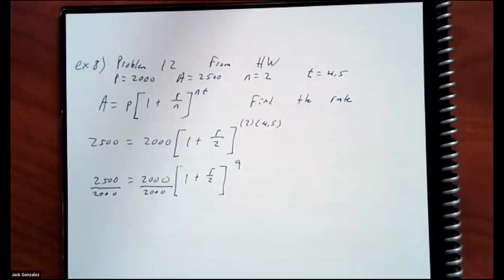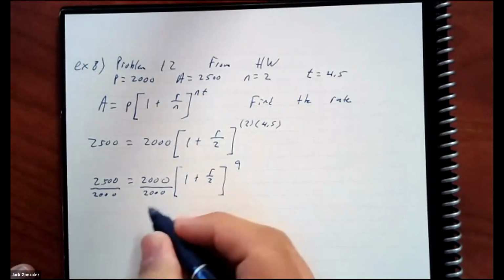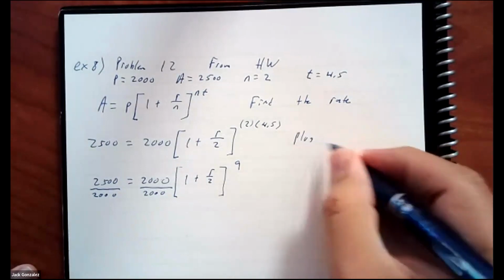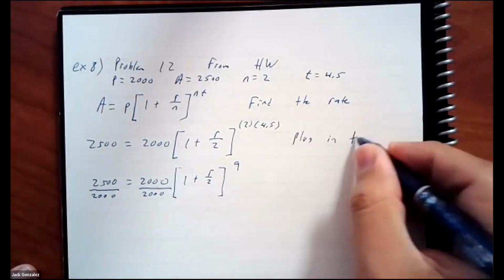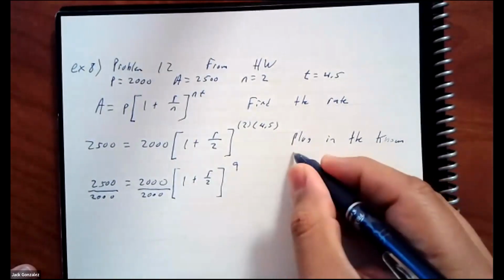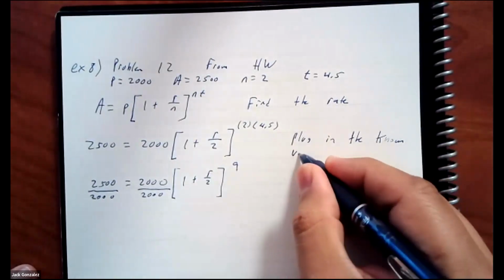All right, so let's isolate this weird thing right here. Divide by 2000 on both sides. So here all I did was plug in the known variables.